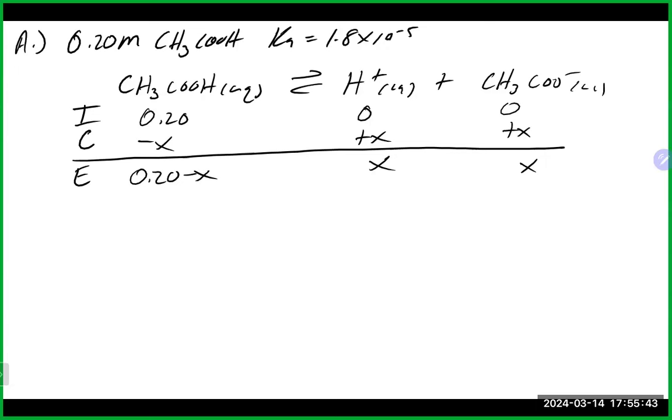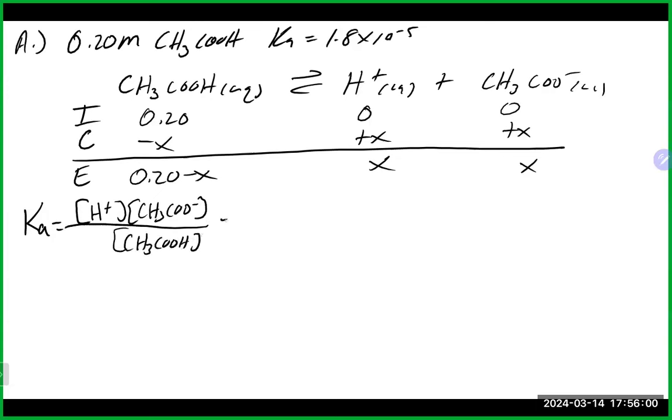Like normal, we're going to take our equilibrium line and put it into our Ka expression. Our Ka value is going to be the concentration of H plus times the concentration of our acetate, which is our products, divided by our reactants, which is our acetic acid. And once again, that's going to equal 1.8 times 10 to the minus 5. Popping those in there is going to give us x squared over 0.2 minus x.